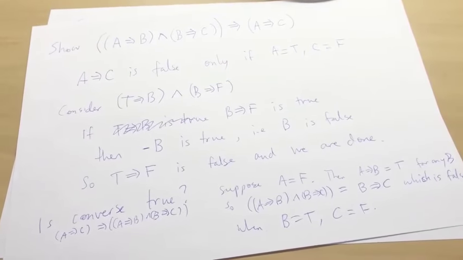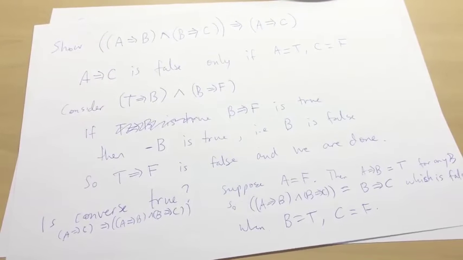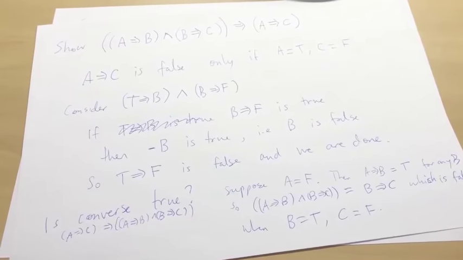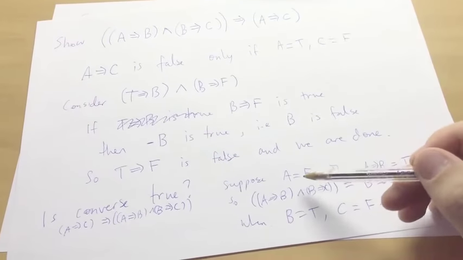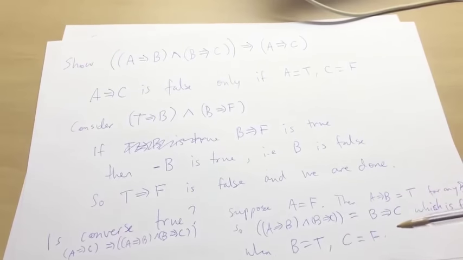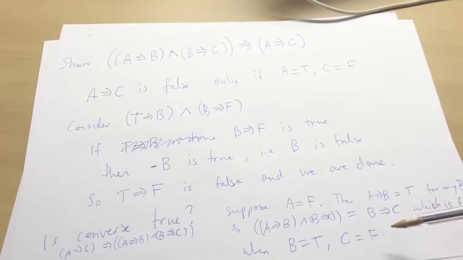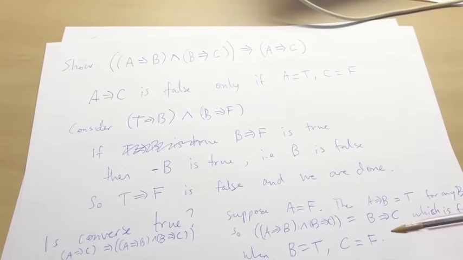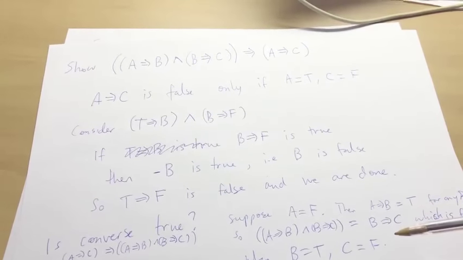Yeah, so there you have it. The converse is not always true, and the counterexample is when A equals false, B equals true, and C equals false. That's one way to show the converse is not true.